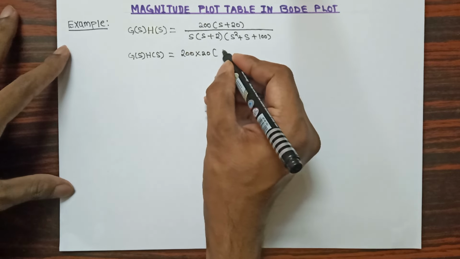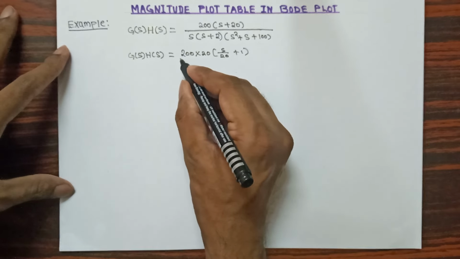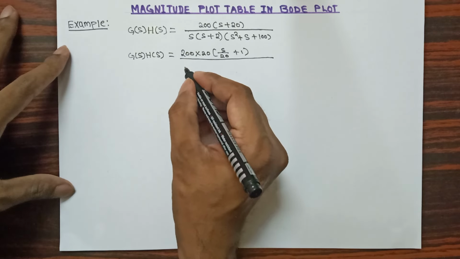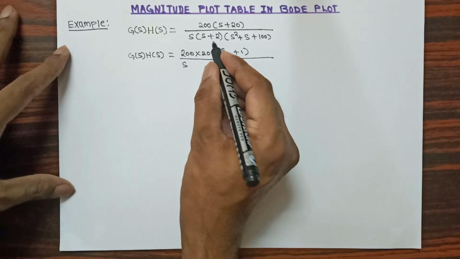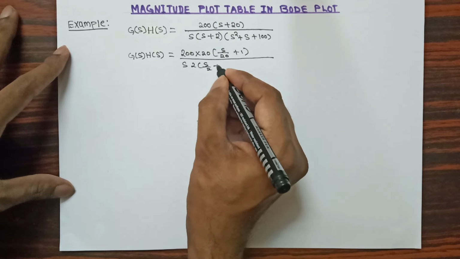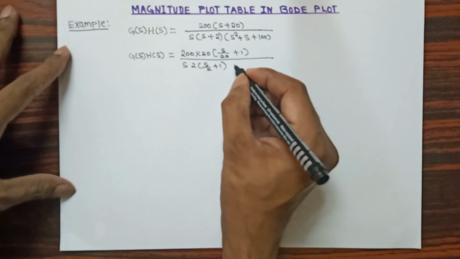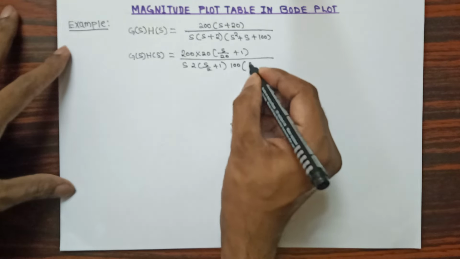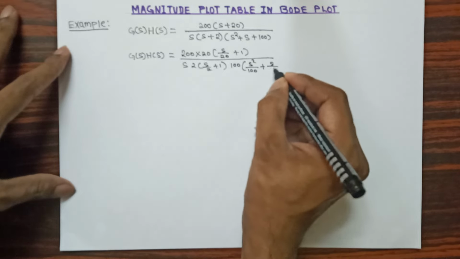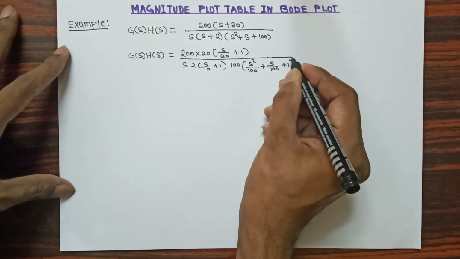So I will get (s by 20 plus 1) whole divided by s, which I write as it is, and in this I will take 2 common, then I will get (s by 2 plus 1), and in this I am going to take 100 common, that is here I am going to get s square by 100 plus s by 100 plus 1.